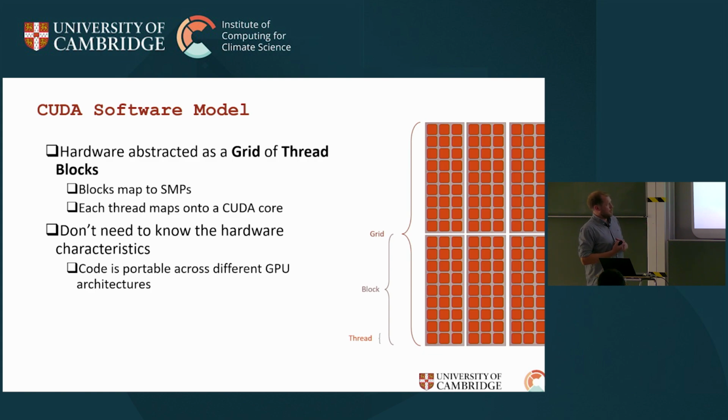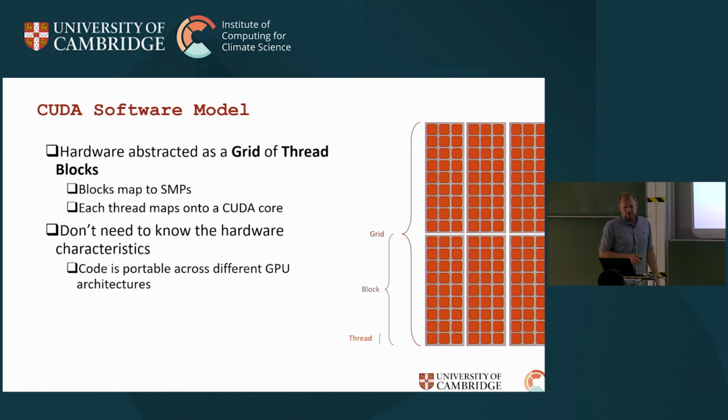And we will express our problem as a grid of thread blocks. It will either be one-dimensional, two-dimensional, or three-dimensional. It doesn't particularly matter. There are constructs for doing that. But we will express our problem in that way. This way, these individual blocks can be mapped individually to the streaming multiprocessors. So we don't break them in half. We don't say, okay, well, this one's too big.